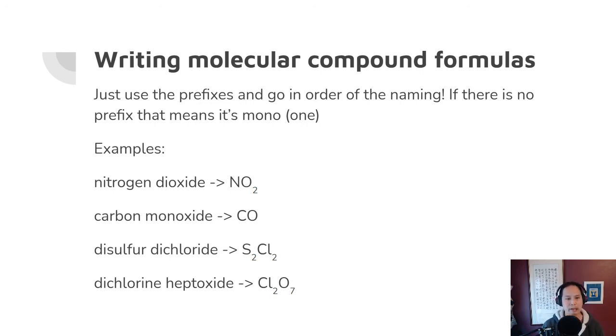That's the whole thing. So the trickiest thing, like I said, is remembering to categorize in your head, is this a molecular compound or is it an ionic compound? But once you figure that out, if it's molecular, you're just going to use these prefixes and it should be pretty straightforward. Okay, so that's it for this lecture.